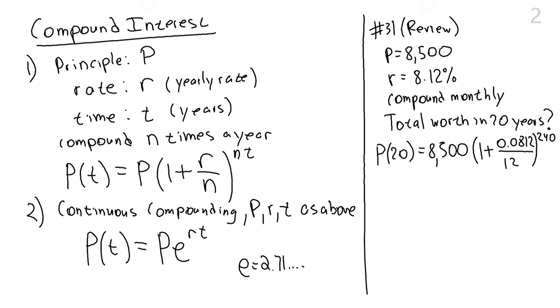So in the exponent, we have n equals 12 and t equals 20. If we enter this into a calculator, then we have $42,888.18. What's most important is not the final number you get, but whether you use the correct formula and plug in correct things. So this was an example with compounding n times a year.